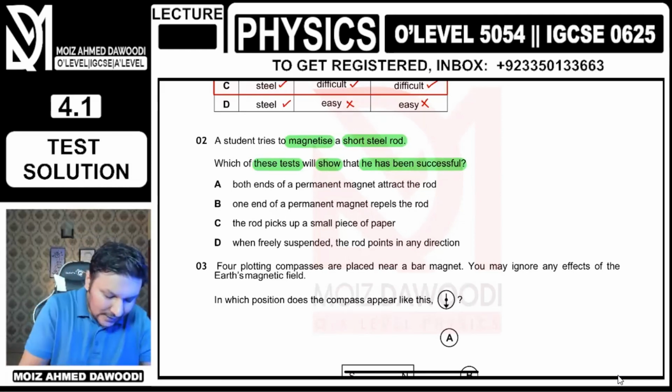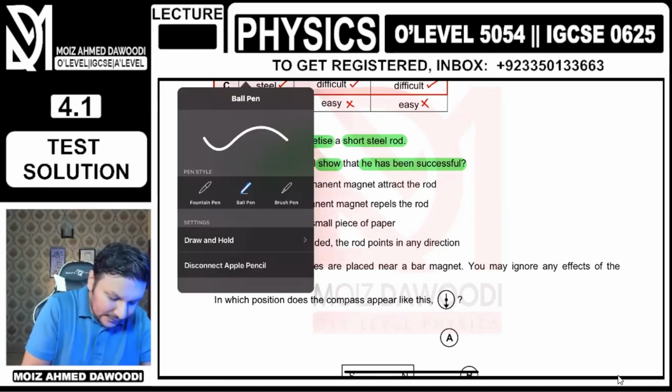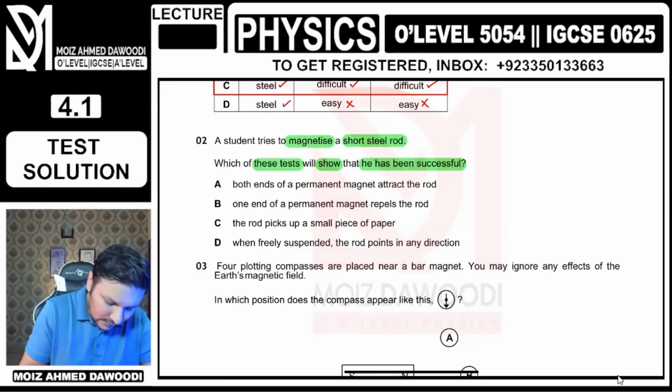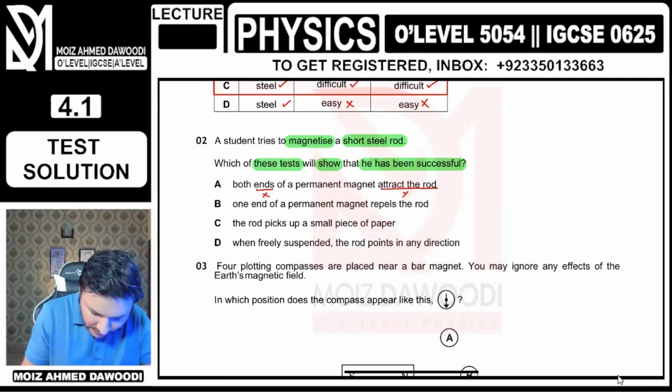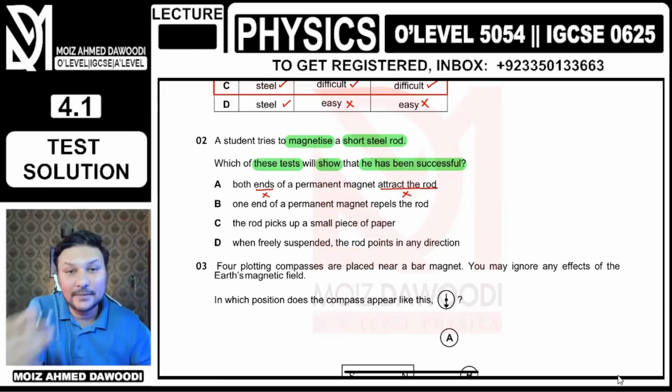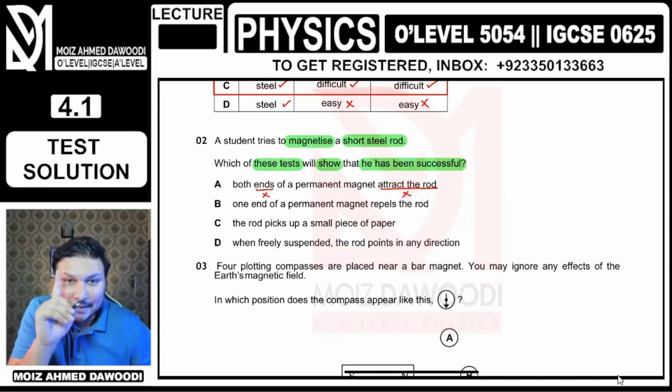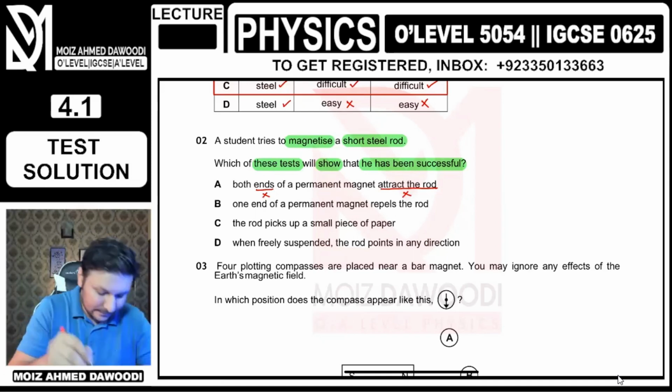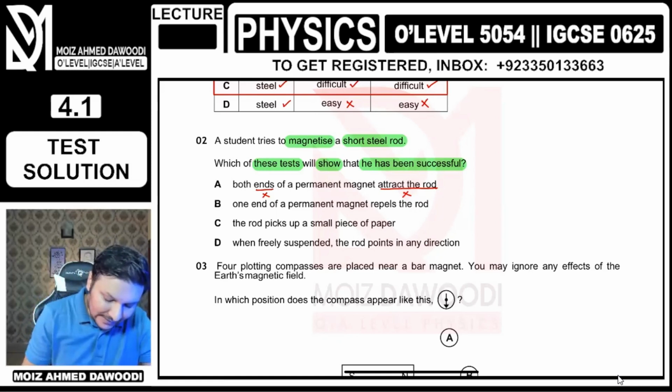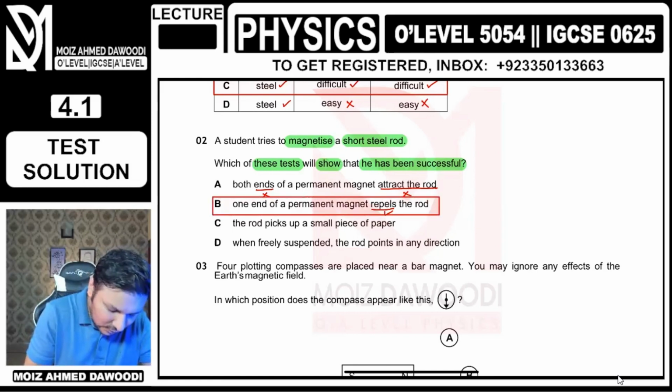Both ends of the permanent magnet attract the rod. No, not both ends. If the steel has become a magnetized material, at least one end will be repelling. One end of the permanent magnet repels the rod. So this part is correct. We have found our correct answer, but we'll also discuss the others.